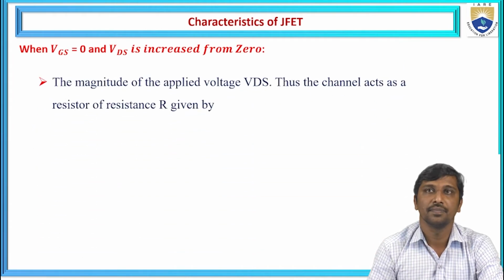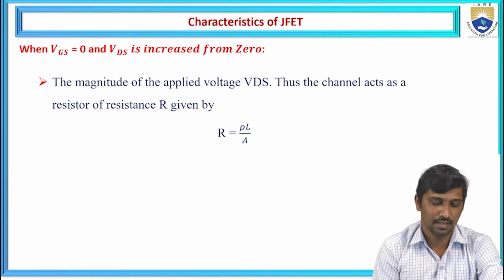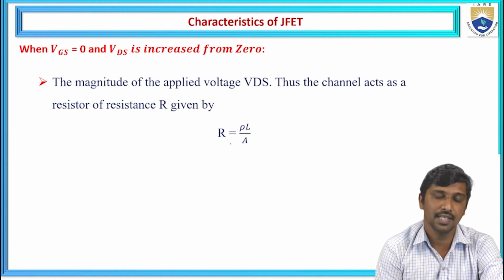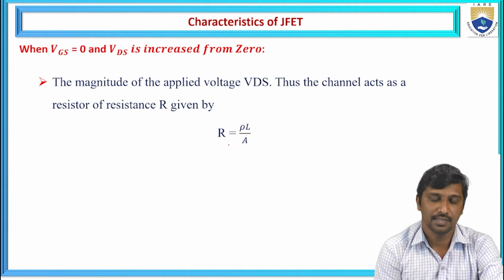So from that, the resistance of the channel is represented as R = rho L by A, where L is the length of the channel, A is the cross-sectional area, and rho is the resistivity of the channel.